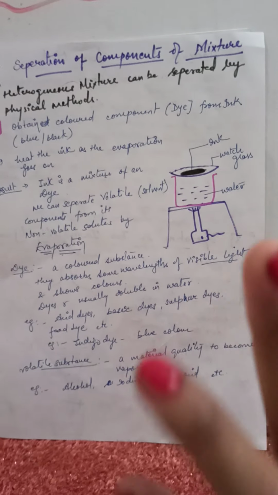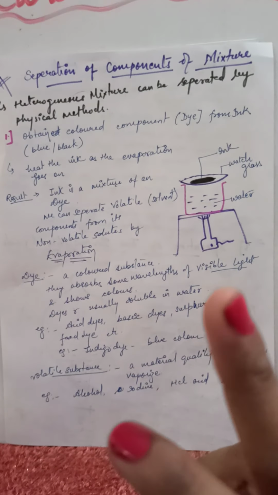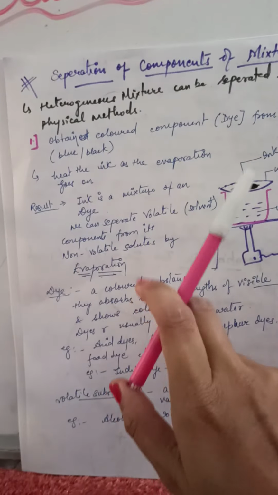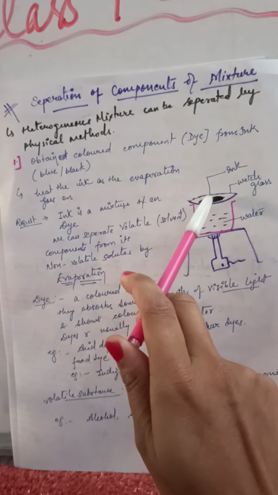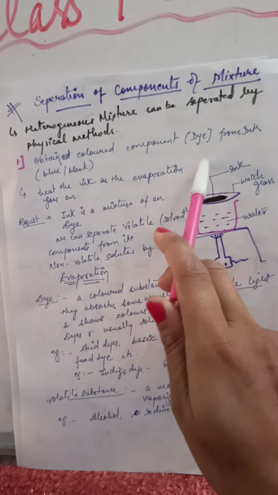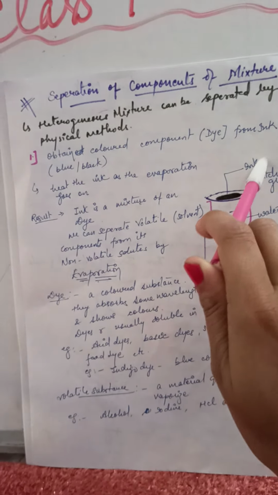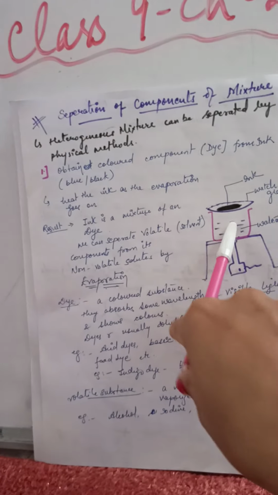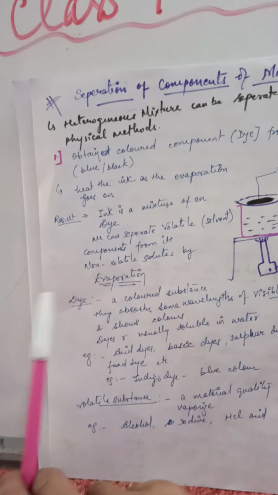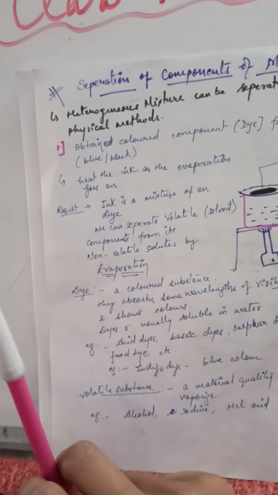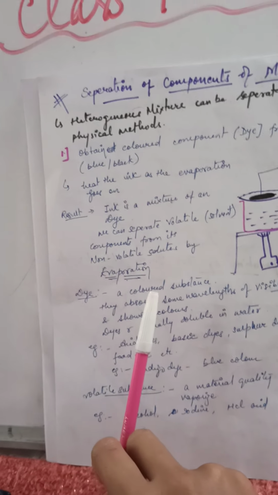So water here is a solvent and dye is the solute. I am focusing on the ink part, not this water. I am talking about this mixture. Ink is a mixture of dye in water, so make sure I am not talking about this water. In the simple process of evaporation, the volatile solvent evaporates from the non-volatile solute.